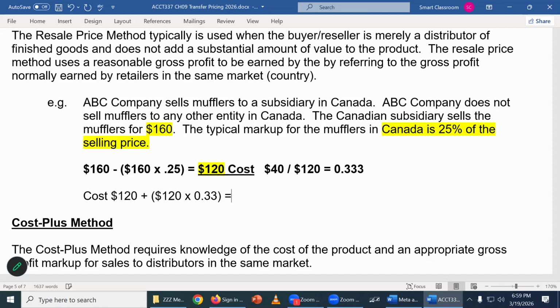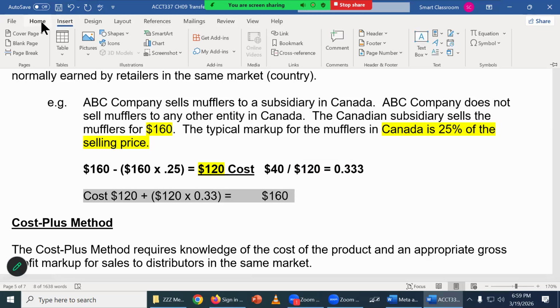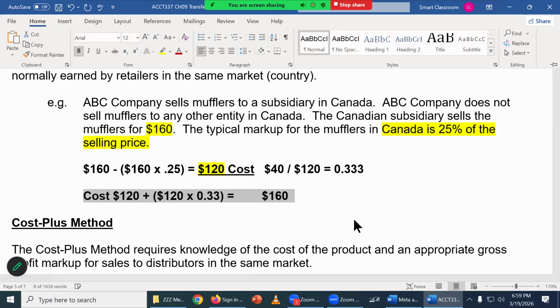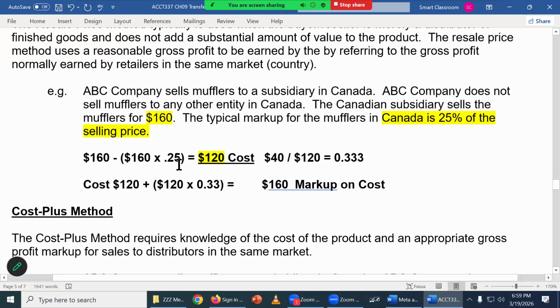It'll be a little bit off because of rounding, but pretty close to 160. So this would be the markup on cost. And again, we couldn't do that on here because they didn't tell us what the cost was. So the cost is kind of calculated.